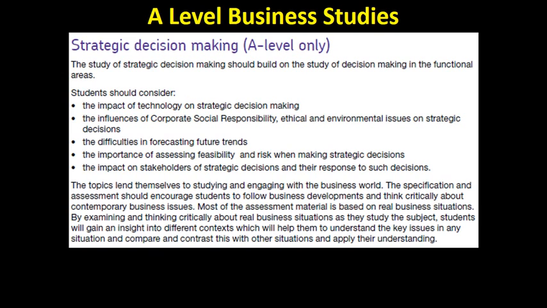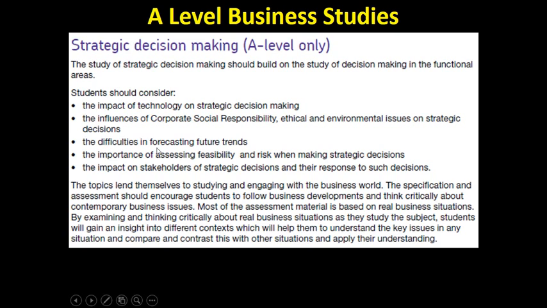As you go through this unit, you should think about these bullet points, which can help you with your evaluation on longer essays. What impact does technology have on strategic decision making? We're looking at corporate social responsibility, ethical and environmental issues, and how they affect strategic decisions undertaken at the top of the company.